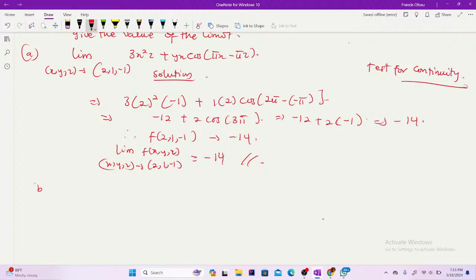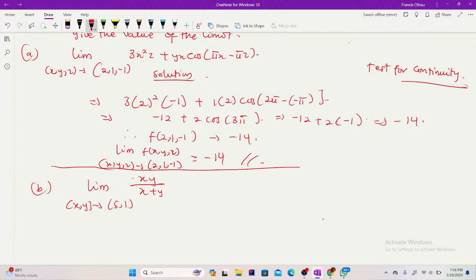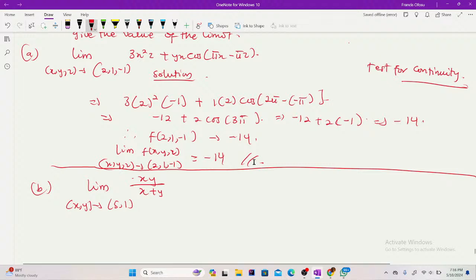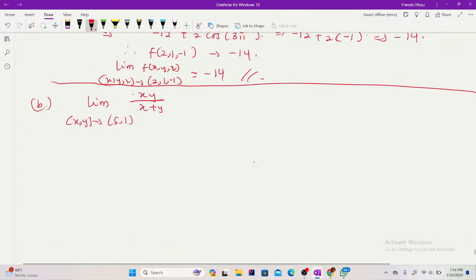Let's check our second problem. It says: find the limit as (x, y) approaches (5, 1) of the expression xy over x plus y. Let me isolate this. Now let's analyze our second problem.